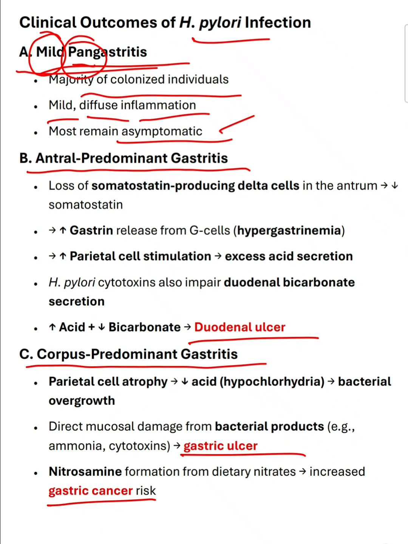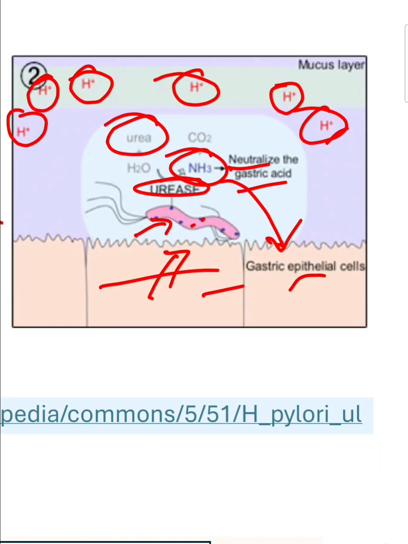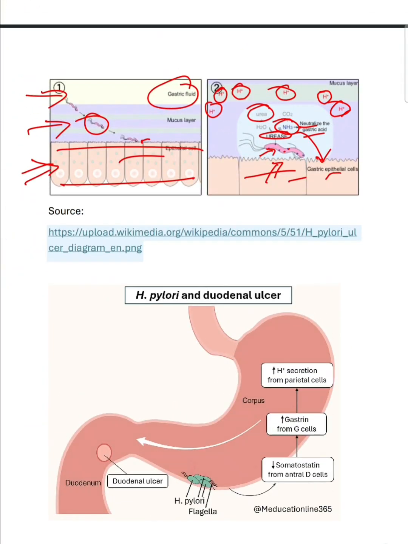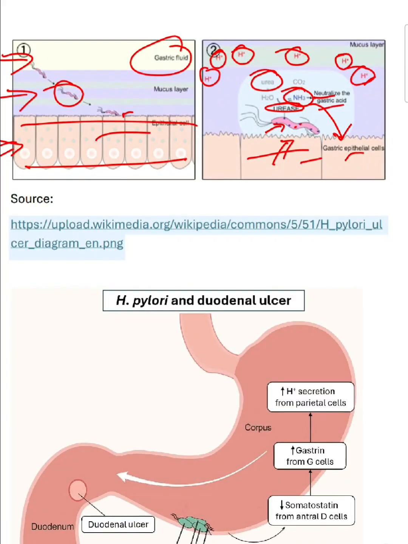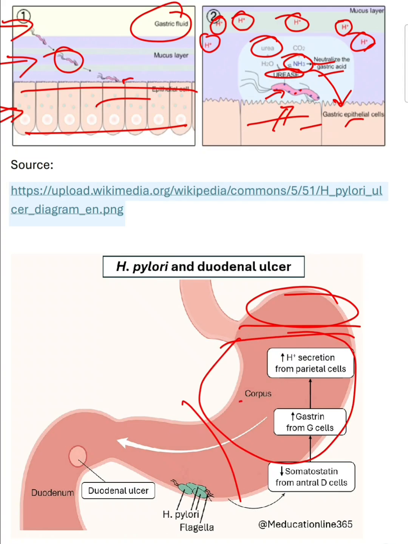First, before we go into this, let's talk about what is antrum and what is corpus. So if you remember or recall the anatomy, this is the stomach, right? And this region is called fundus, and this region is called the body of the stomach or corpus, and this region is called the antrum, and this is the pylorus.